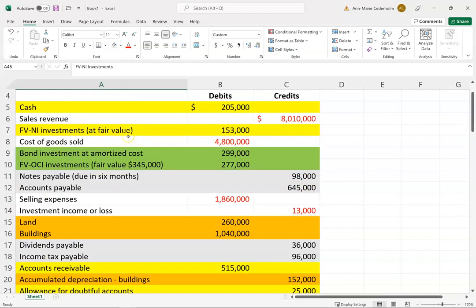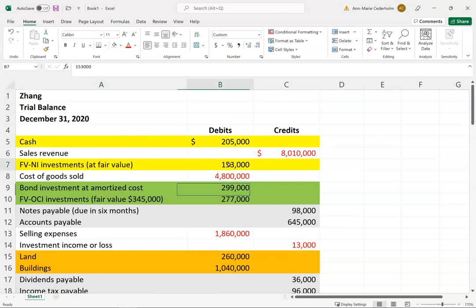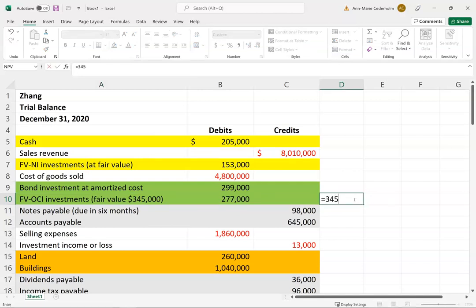And right now, I have the net income investments valued at fair value, but I don't have the OCI ones. So see how it says 345? So I need to make an adjustment for the difference. So if I do 345,000 minus 277, that's an adjustment of 68,000. So I have to bring this account up by 68.